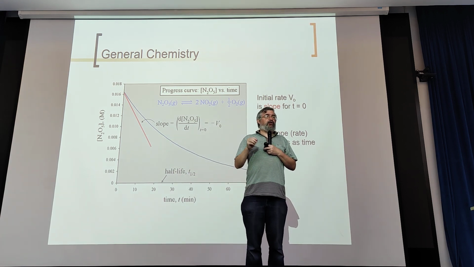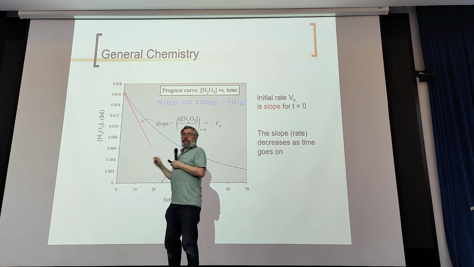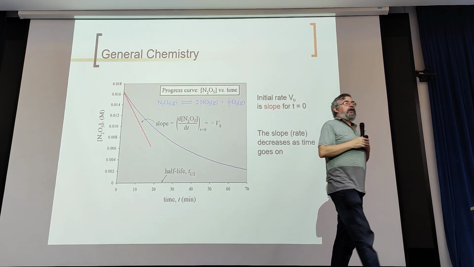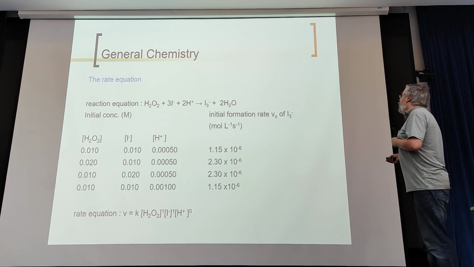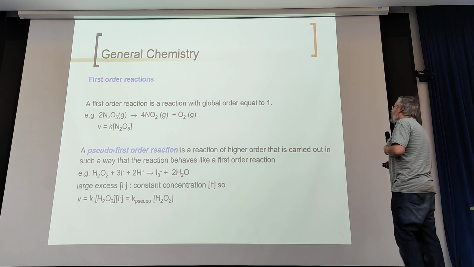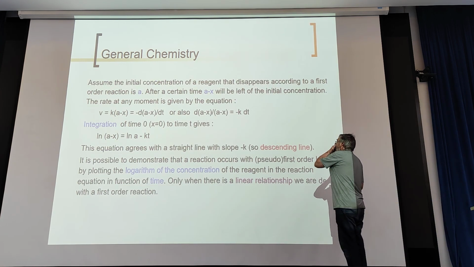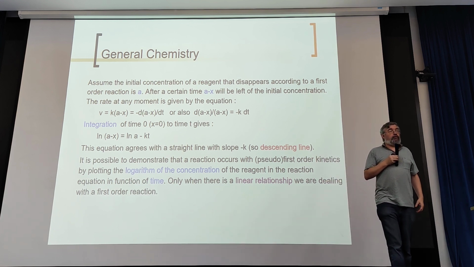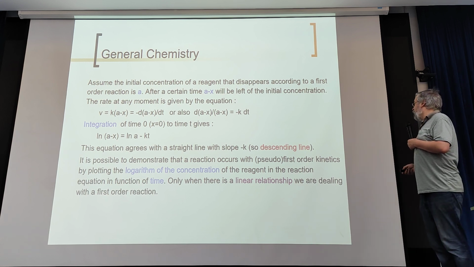If we would make the logarithm of this concentration, and we know that it's first order for this one, we will see it's a straight line. And then we have all the information that we need. So that's one way to find out about the order of the reaction.